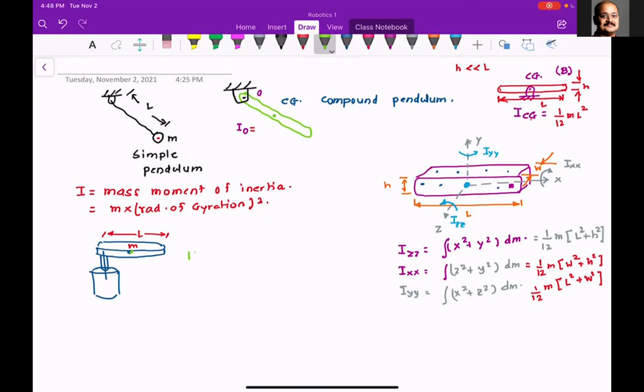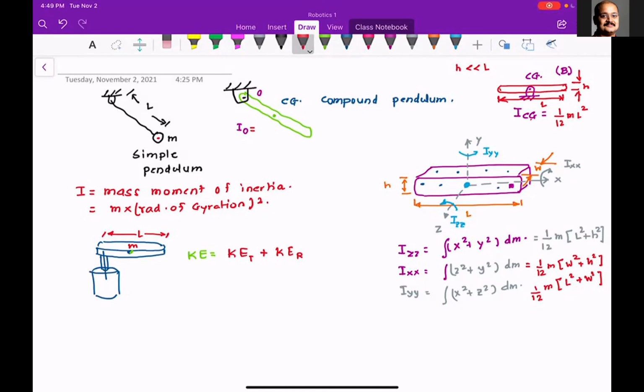So kinetic energy expression, and please pay attention, this is super important. Kinetic energy equation, there will be two components to it. I will always write something like this. There will be kinetic energy of translation plus kinetic energy of rotation. Everyone understood this? So object can travel, object can rotate, or object can travel and rotate. Everyone understood this?